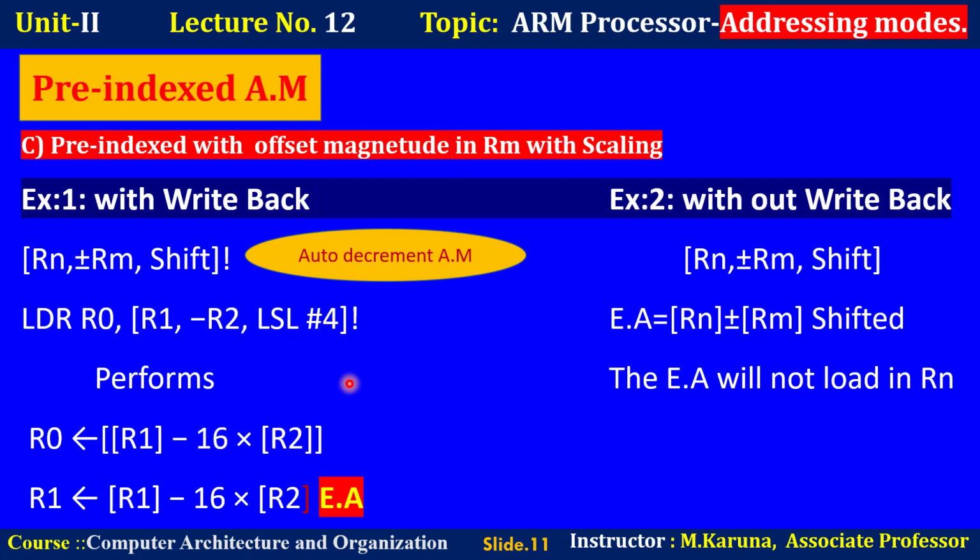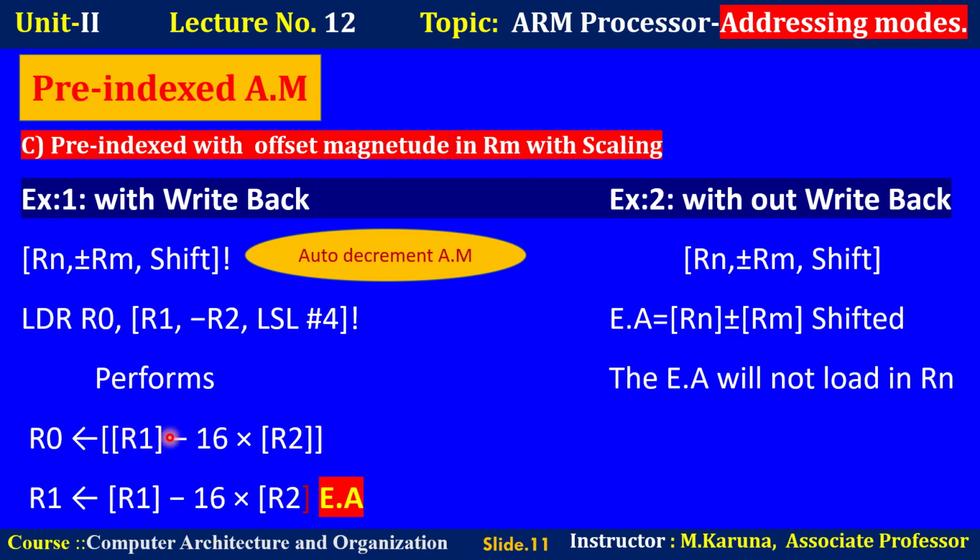Here we are using a left shift four times. One shift multiplies the data in R2 by 2, the second shift multiplies by 2 again, the third again, so 2 into 2 into 2 into 2 is 16. That is why we mention 16. That 16 will be multiplied with the content of R2. Because of the negative sign, that will be subtracted from the content of R1.